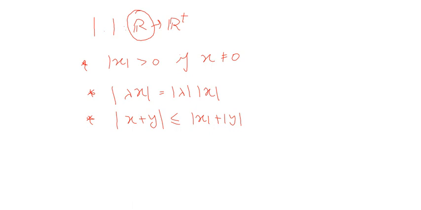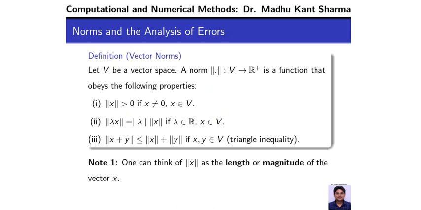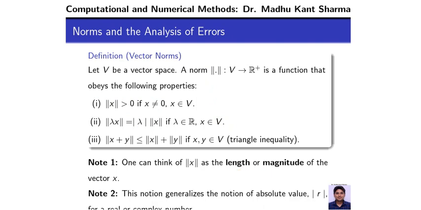You must have seen that during your linear algebra course. As I mentioned, one can think of norm x as the length or magnitude of the vector x. This notion generalizes the notion of absolute value for a real or complex number.